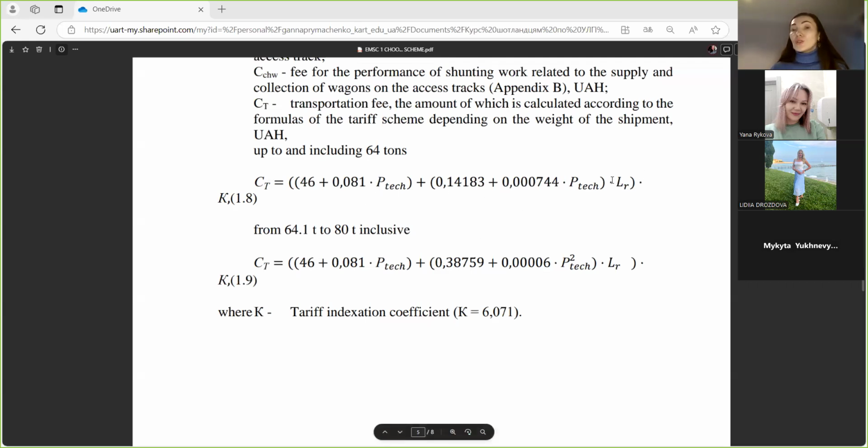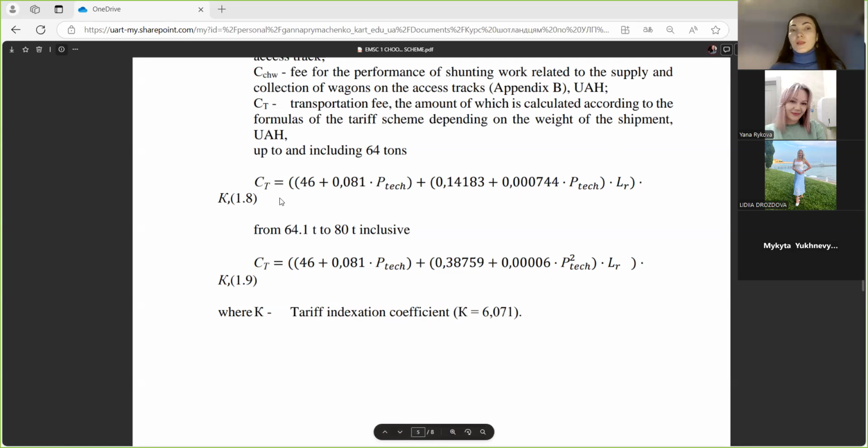Also, we need to use L railway transport. It is the distance for delivery by railway transport. We already used it. You could find how many kilometers. For one variant, it is, for example, 500 kilometers. For other variants, it is 200 kilometers and others. And use such a parameter as K. It is the tariff indexation coefficient. We have this the same for all variants.